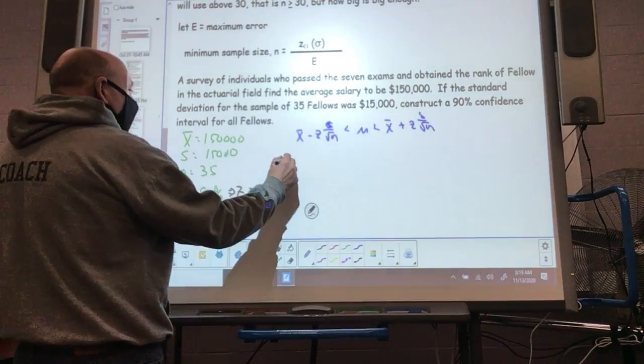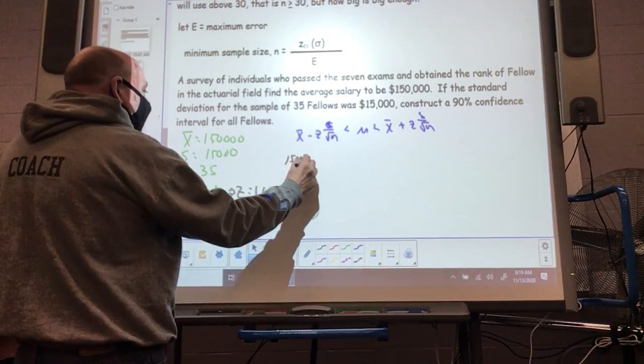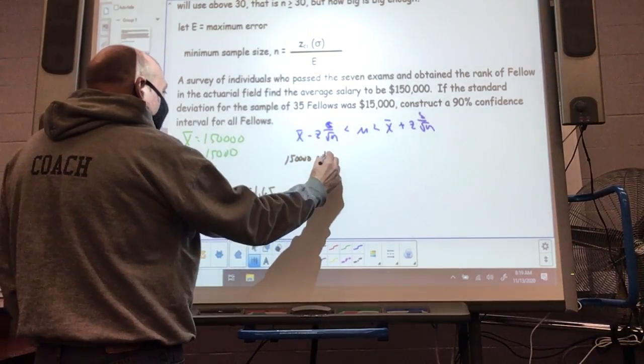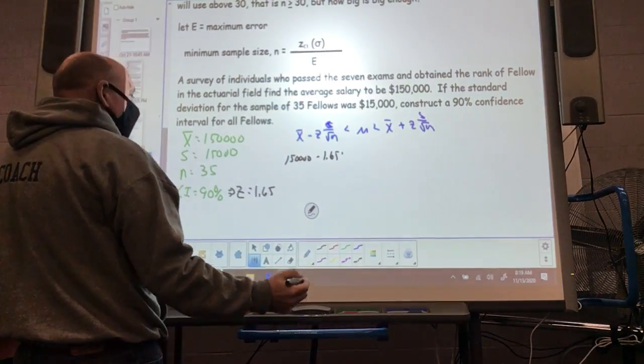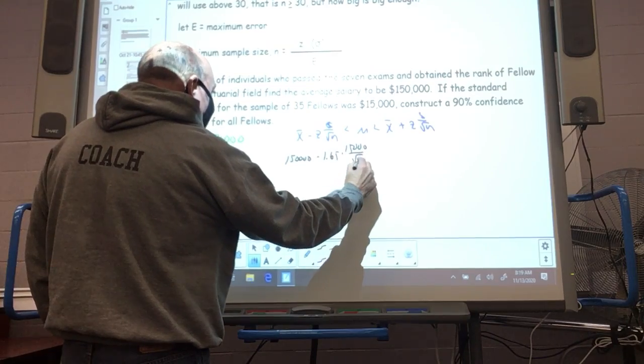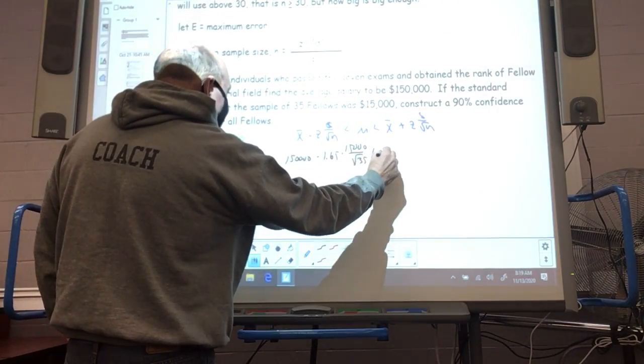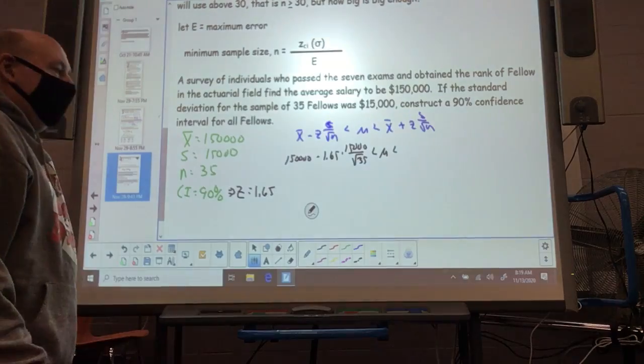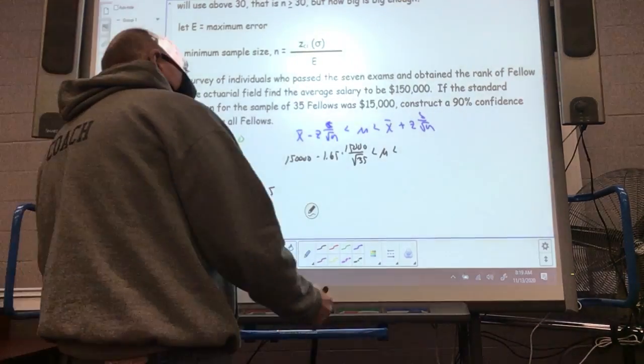Putting in numbers, $150,000 minus 1.65 times the standard deviation of 15,000 divided by square root of 35. And then we just change it into a plus.